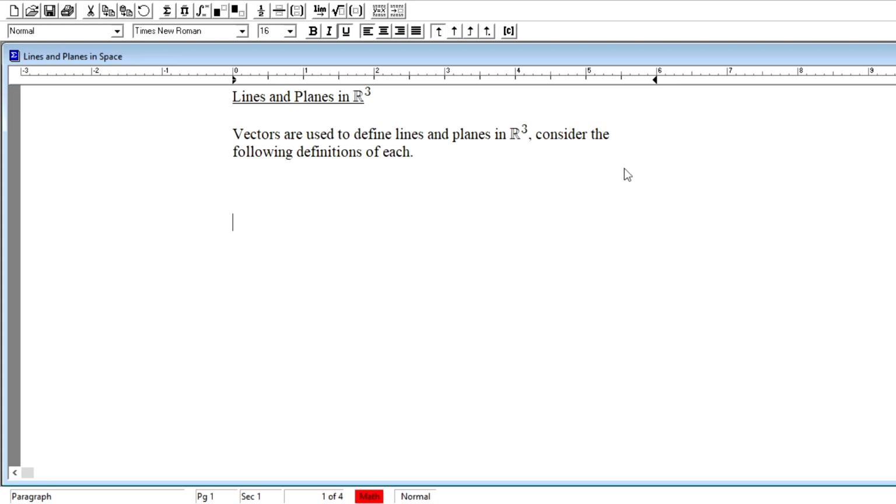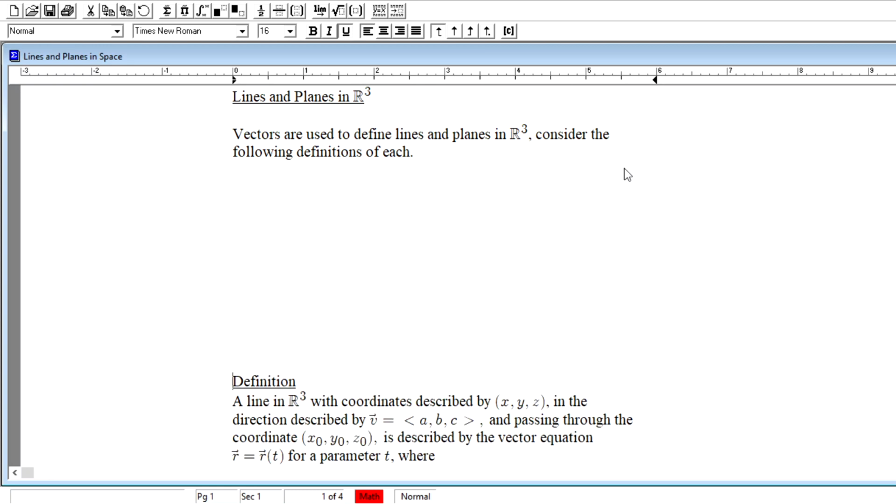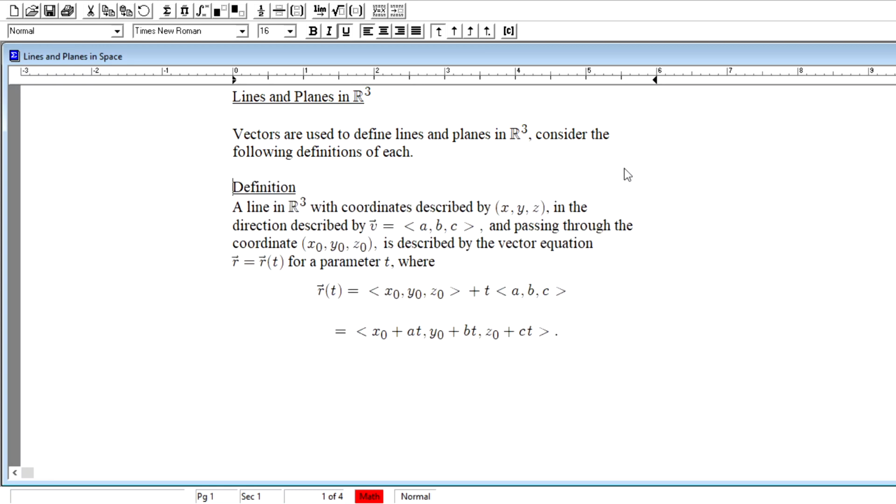All right, but as noted, vectors are going to play a role, and we see that in the definition, first of all, for the line here.